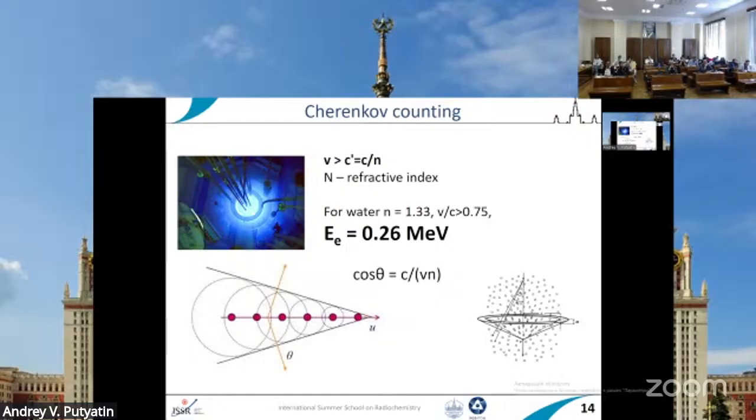That means that in water, the speed of light is only 75% of the speed of light in vacuum. And in media, it is possible for particles to move faster than light. For electrons, they move faster than light at energies more than 260 kiloelectron volts.